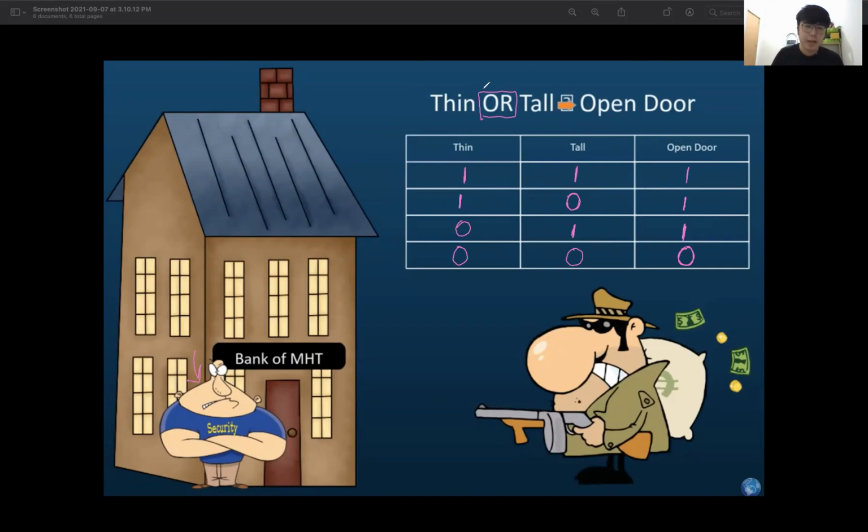So how does he replace this with a logic gate system? Now, in a logic gate system, they use sensors, because with the security there, the security is the one that is observing whether it is thin or tall or fat or short. This information is coming in and he has to make a decision.